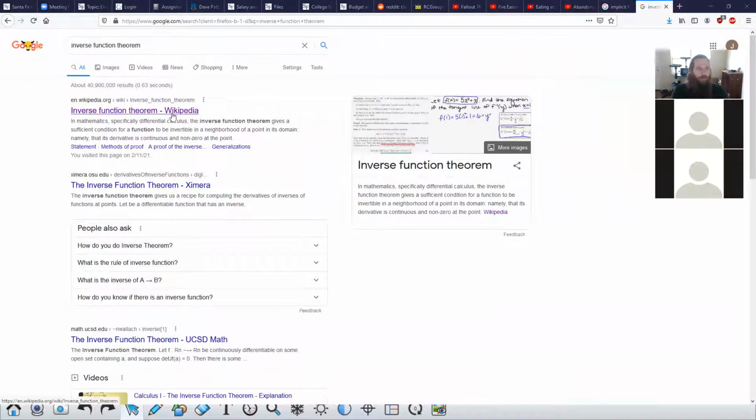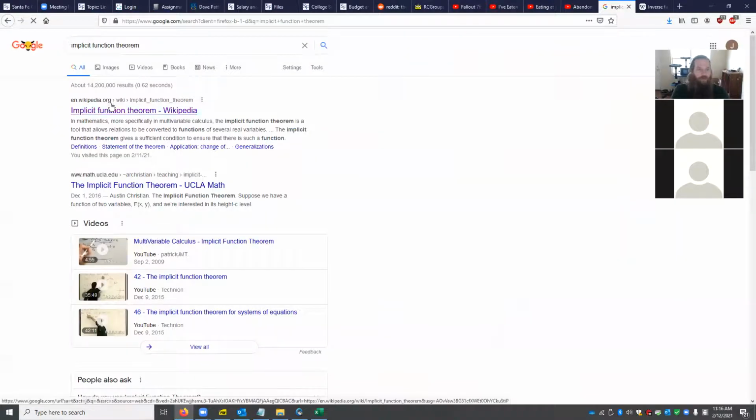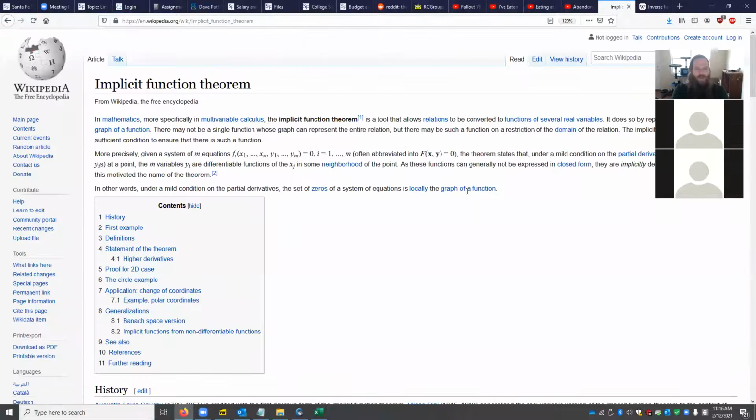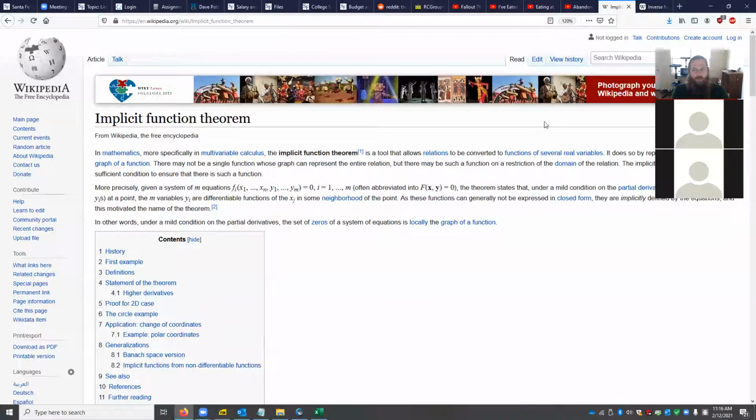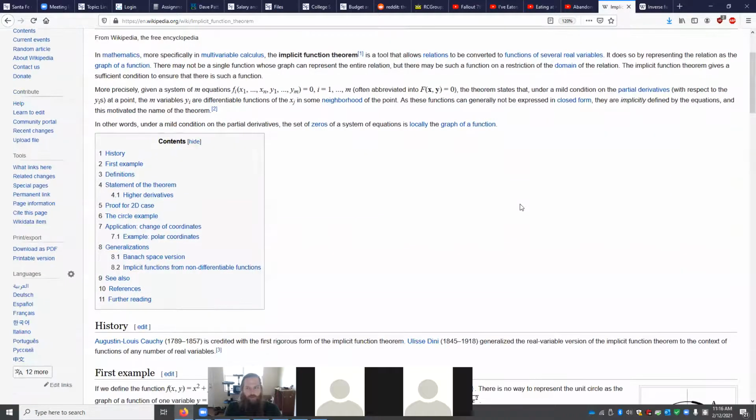And these just say that smooth relations are locally functions and are locally invertible. They're assuming that you're in a multivariable situation here, which is not the situation that we are in.